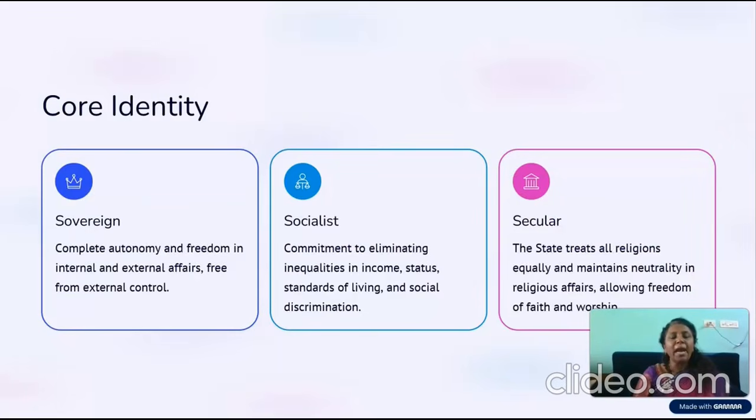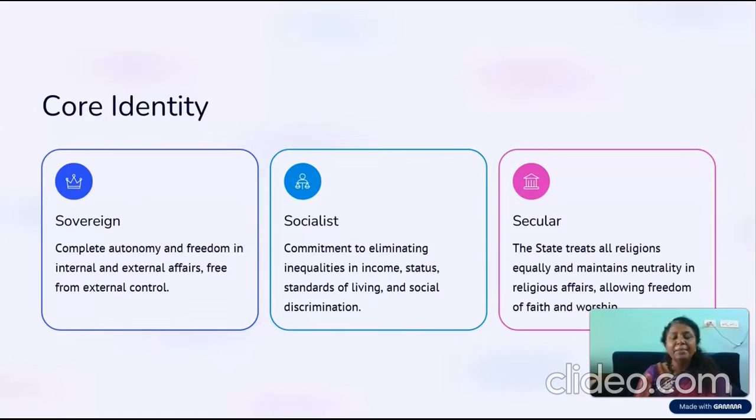So what is the core identity which our preamble is talking about? First is sovereign. Sovereign means complete autonomy and freedom both in internal and external affairs, and our people are free from any external control. The second is socialist.